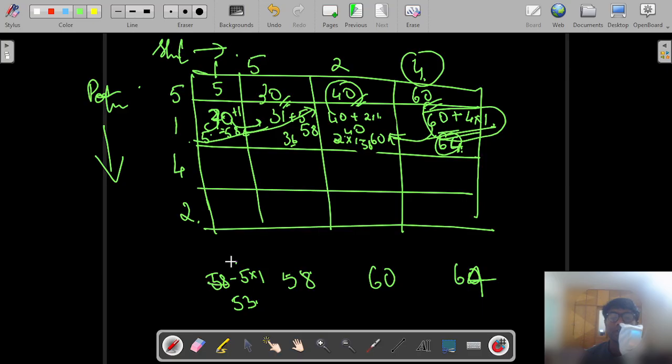So these are the set of values. So 53, 58, and so on.